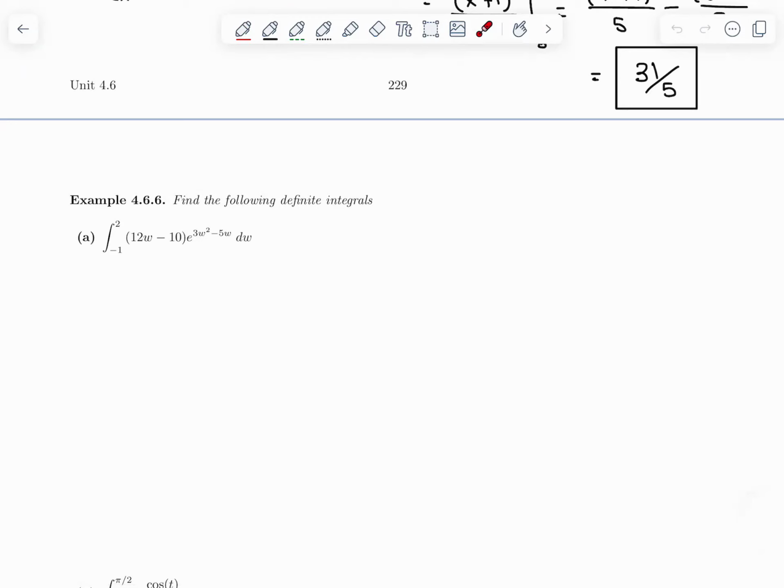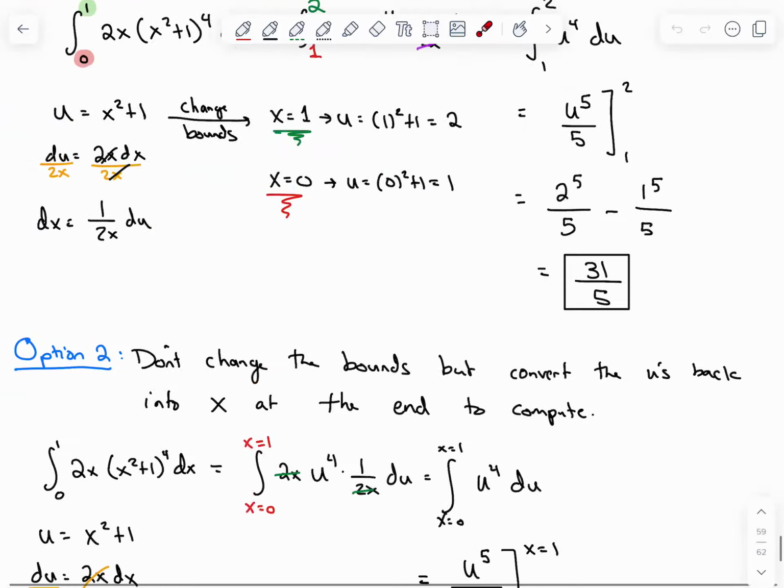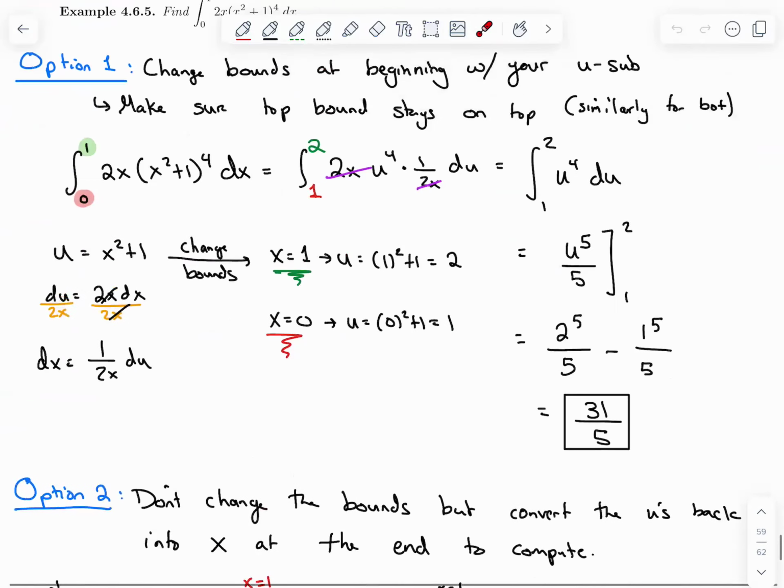So this one here, the definite integral from w equals -1 to w equals 2 of 12w minus 10 times e to the 3w squared minus 5w. I'm going to do the u, du, and all that stuff at the very top on the right-hand side, just because that happens for both. Both times, you have to do the u substitution because that's the only way to find the antiderivative.